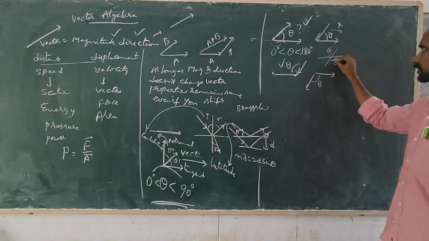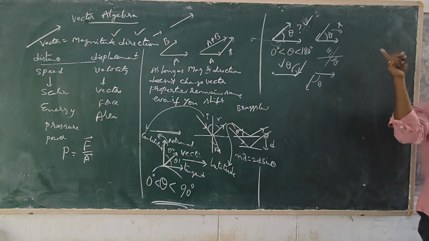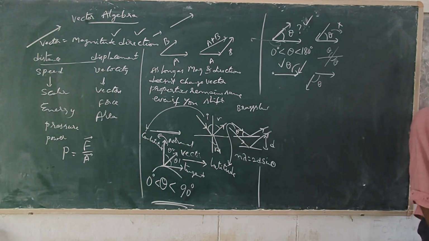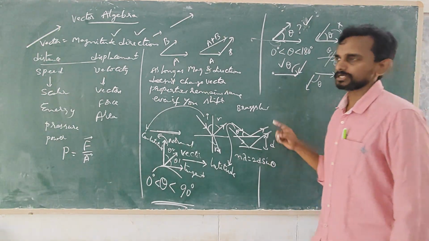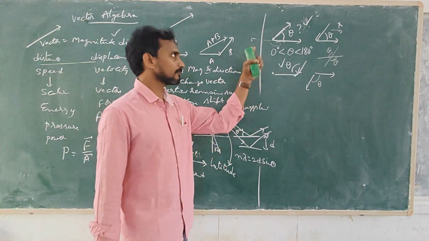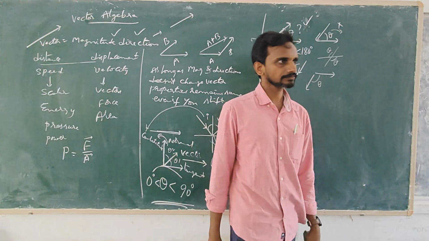When two lines or two chords cross, the angle on the other side will be the same. This angle is the same as this. Right? So when you have two vectors, you have to shift the vectors so that you get a converging pair or a diverging pair.